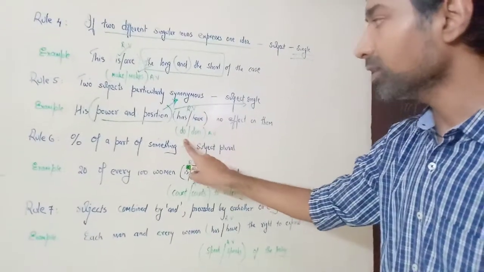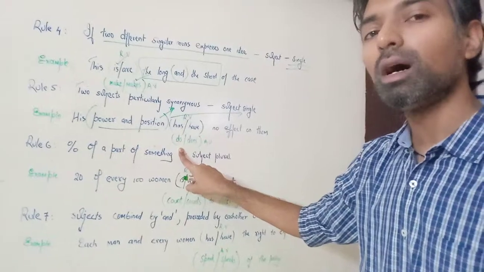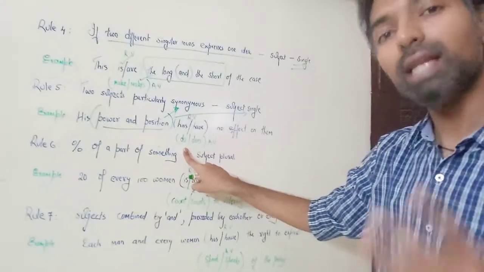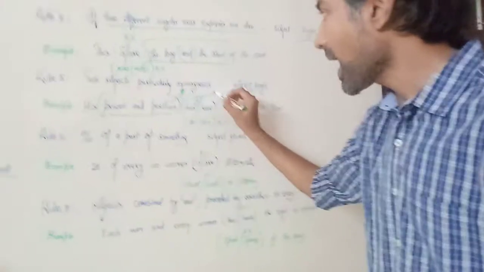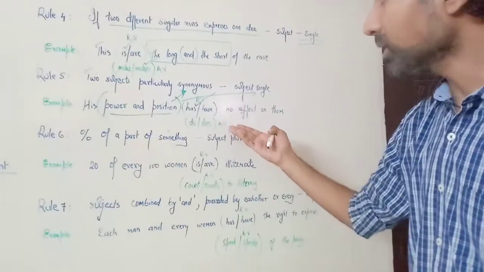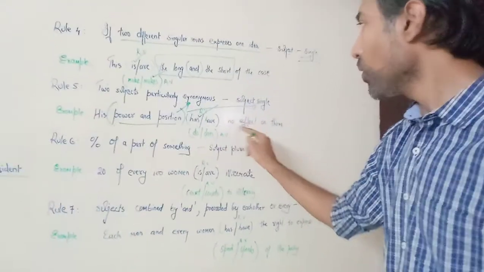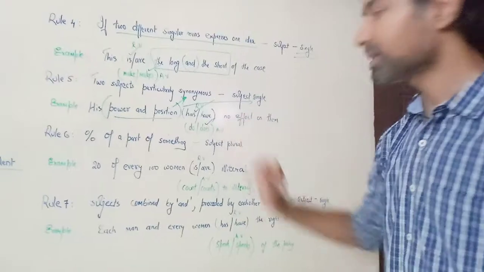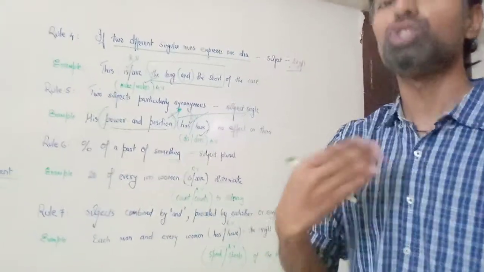And if it had to be with the action verb, it had to be with an action verb with an S. So, his power and position has no effect on them goes with the relative verb. And with the action verb, his power and position does no effect on them. That is how it works. I hope you're getting what I'm trying to share.